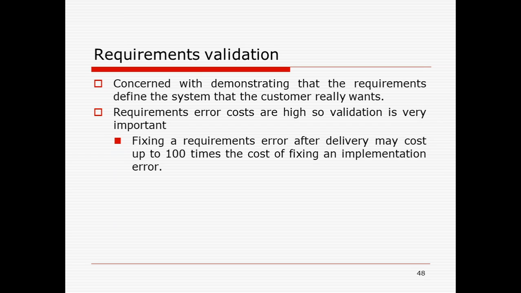There may be a spiral of activities: from one activity, correcting the requirement, there may be many other corrections you have to make in that chain of activities. So fixing errors in the requirements is normally very costly if it is found in the later stage.